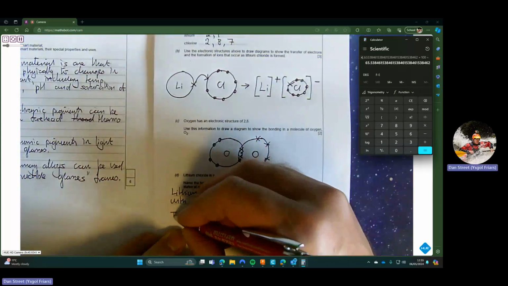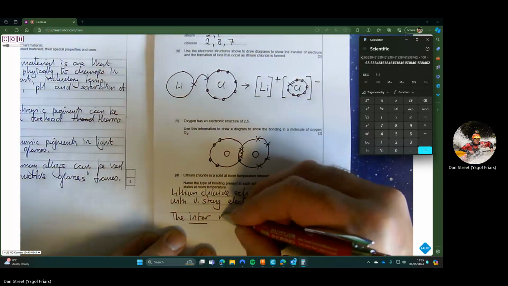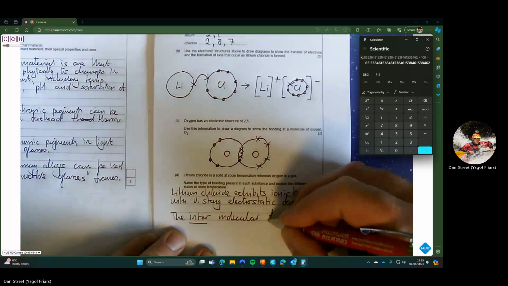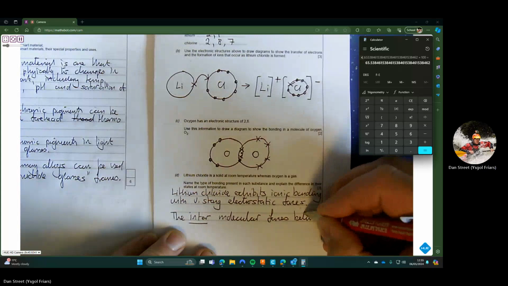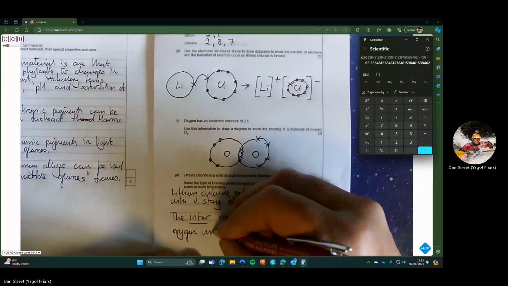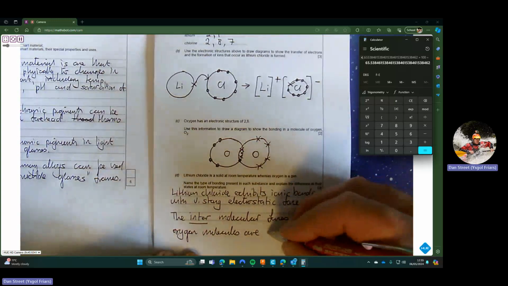And then the intermolecular forces between oxygen molecules are weak.